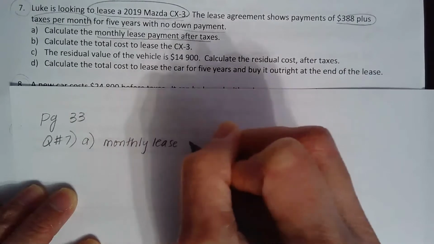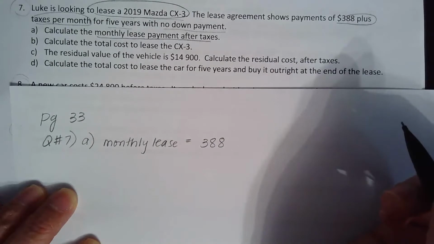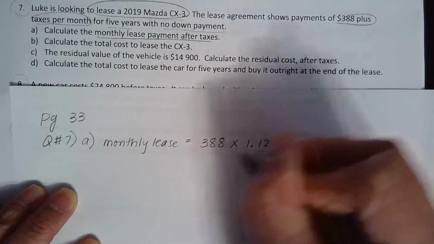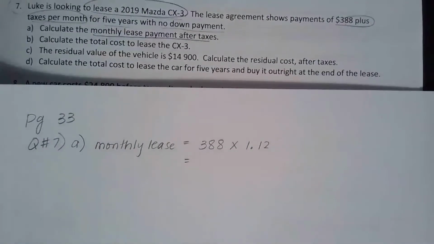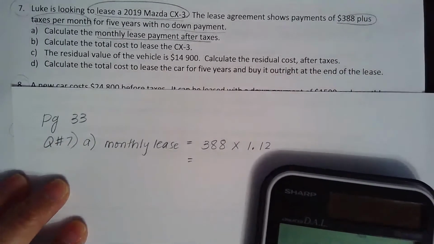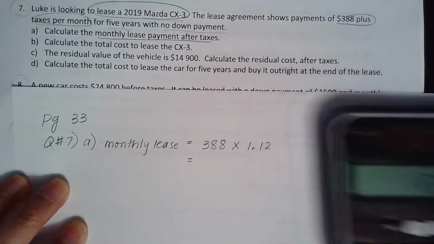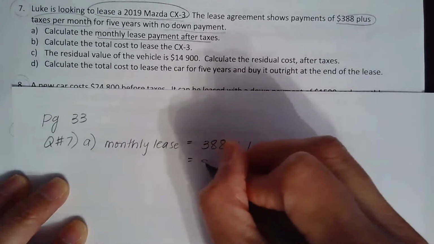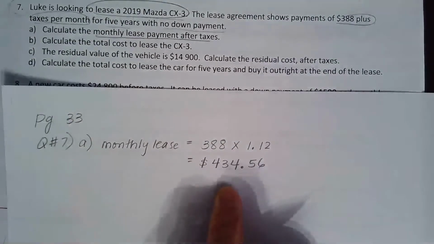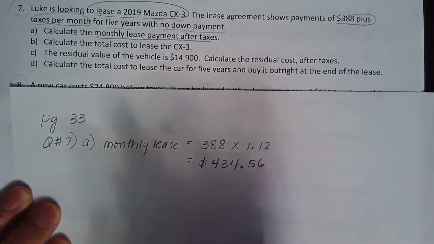After taxes, it's going to be 388 per month times, because it's a lease, we multiply by 1.12. 388 times 1.12 is 434.56 every month.